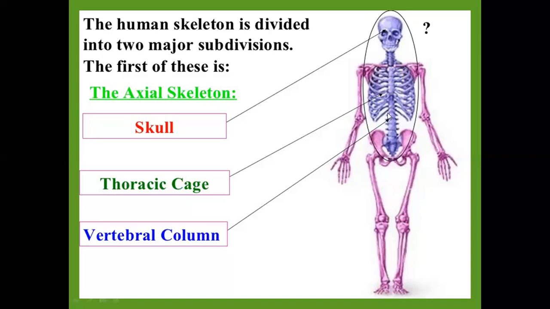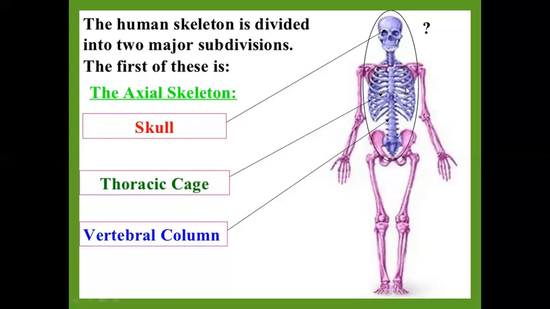The vertebral column consists of 33 bones, and this is the rib cage. This whole area is called the thoracic cage. In this thoracic cage you can see the ribs.